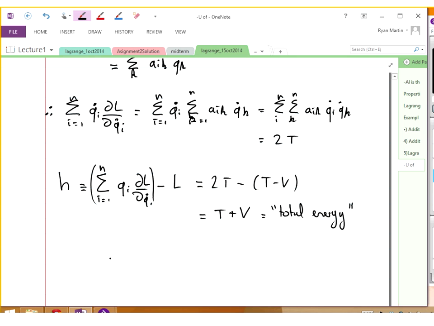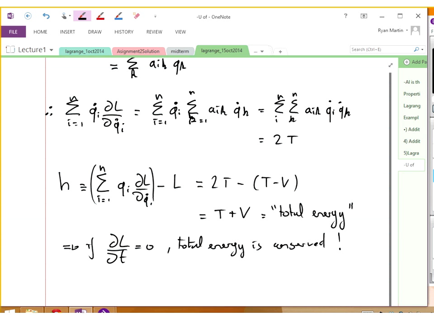That's a very important result. If ∂L/∂t equals 0, then total energy is conserved. So that's just conservation of energy.